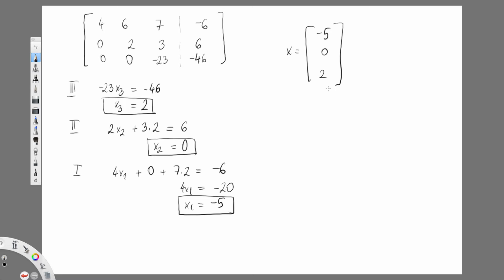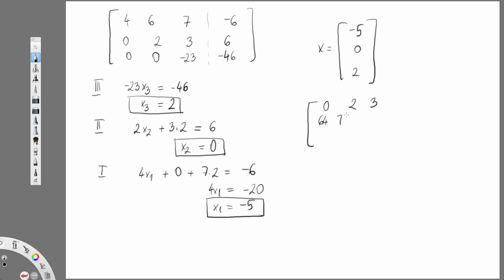All right, and let's do that for my original. Okay, so my original was 0, 2, 3, 4, 6, 7. Oops, I'm looking at my notes. 4, 6, 7, and 2 minus 3, 6. So if I multiply that with minus 5, 0, 2, what do you get?